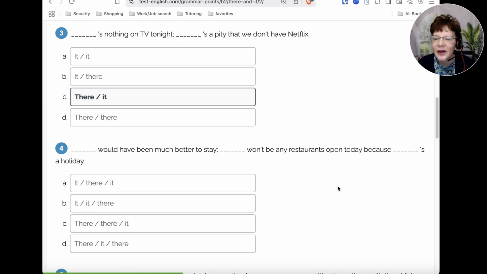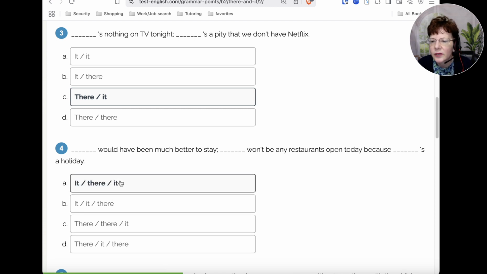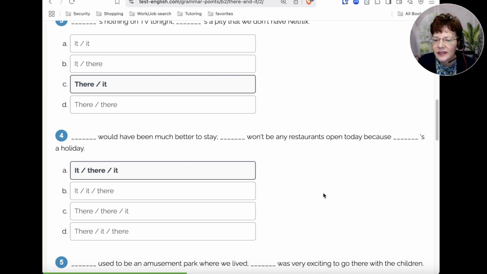We know it and there, right? And it. If you chose option A, it would have been much better to stay. There won't be any restaurants open today because it's a holiday. So that's how that one goes.